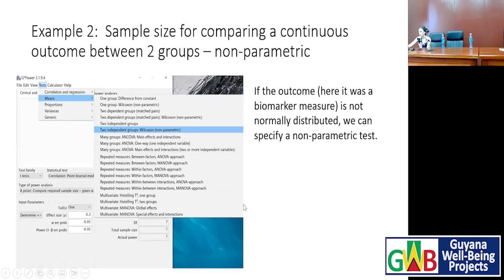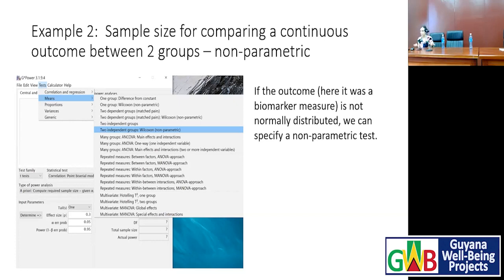One other possible variation here is this: remember I had said we were assuming a biomarker measure that was normally distributed, or roughly normally distributed. What if it's not? Well, one thing you might do is a transformation, like we often do a log transform of biomarker measures, which gives us a much more normal distribution, and then we can just use the log.